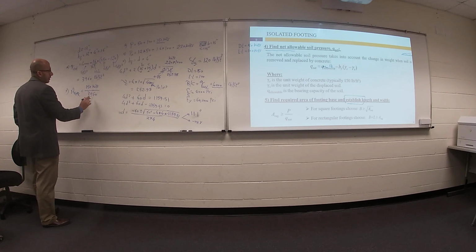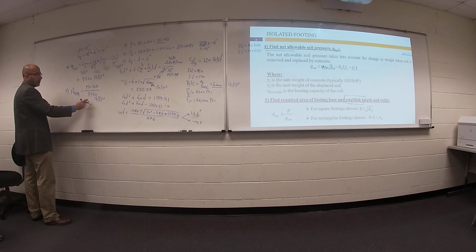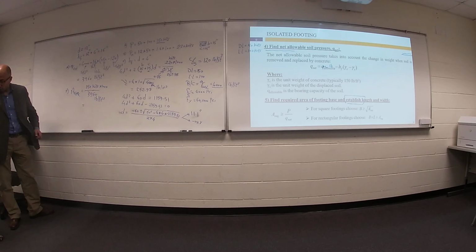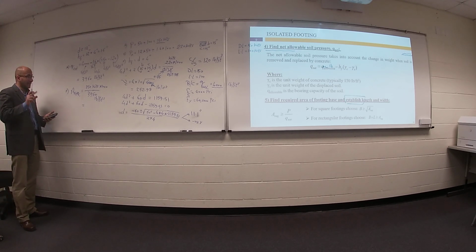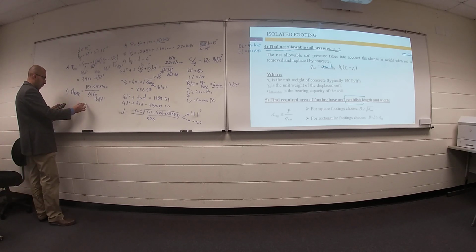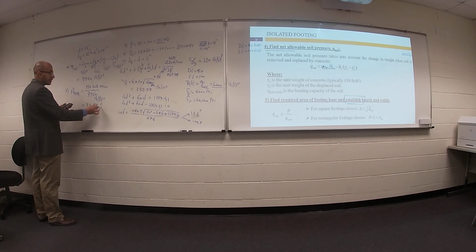But remember, this one is pound per square feet, this one is in kips, so I have to multiply this one by 1,000. 150 times 1,000 divided by 3,960. We are looking for 37.88 square feet.